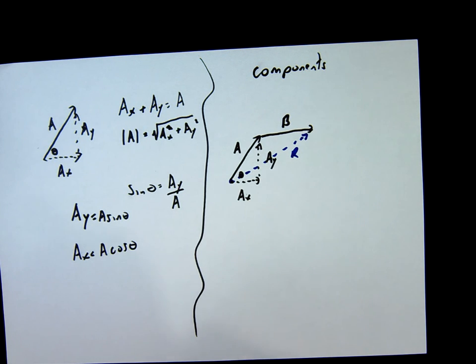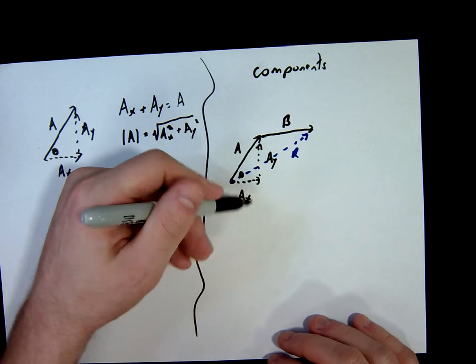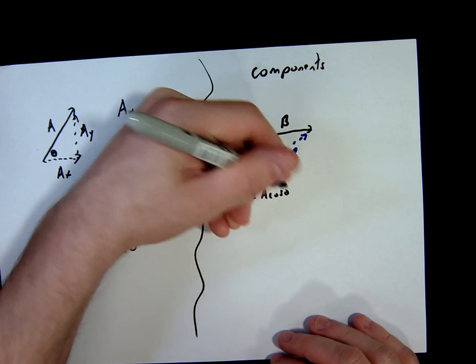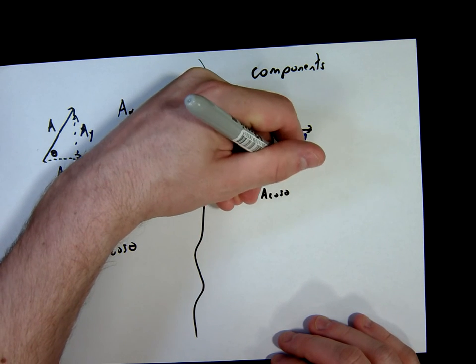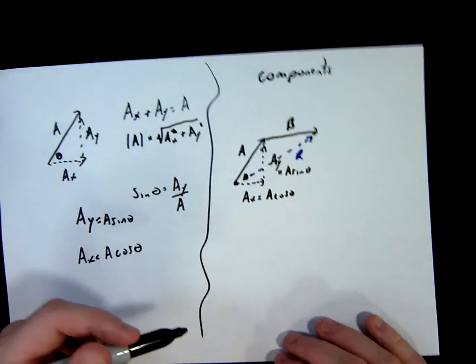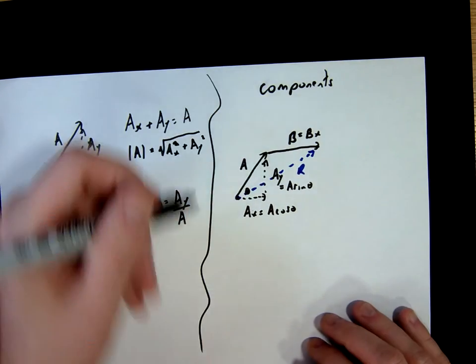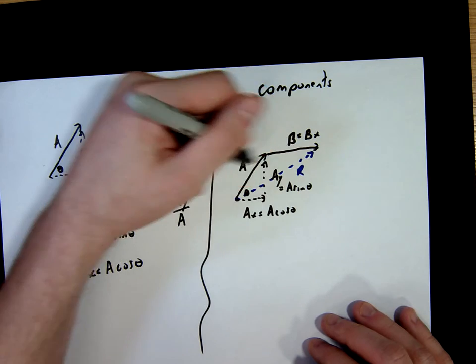What I would do is say AX is equal to A cosine theta, AY is equal to A sine of theta. So I know those in advance. I know that B is only in the X direction, so I'm just going to call it BX. There's no Y direction of B. It's completely horizontal.